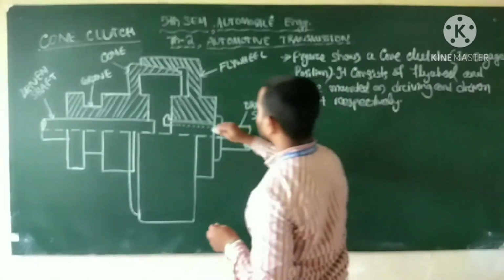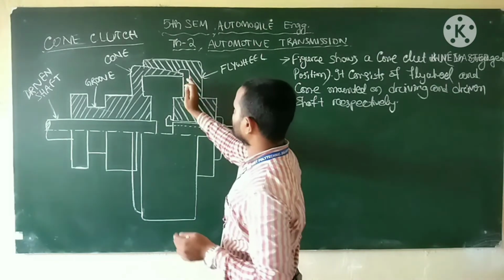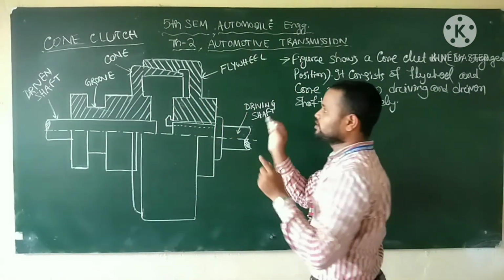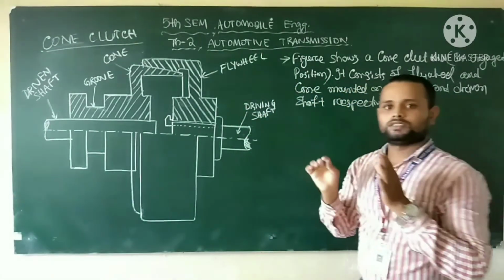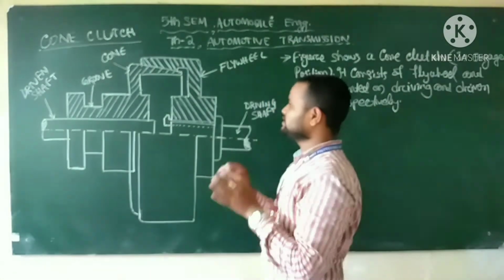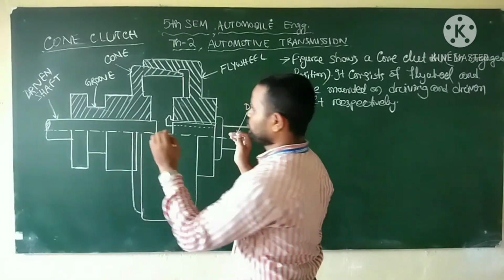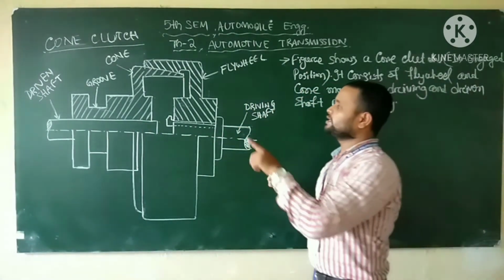Then the shape of one side of the flywheel, this is one side, this is another side. The inner side of the flywheel is made in such a way that it will be able to accommodate the cone readily when it is engaged.